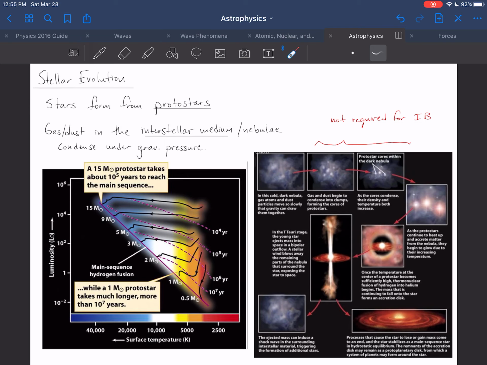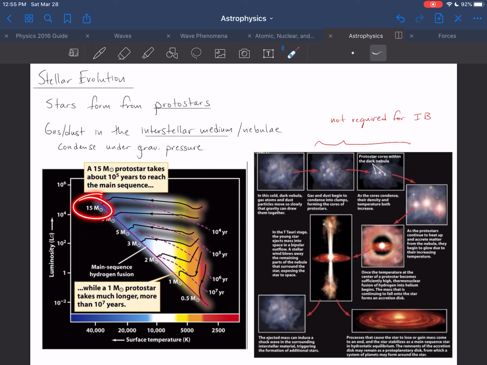Those protostars condensing from the clouds of gas and dust reach the main sequence in an amount of time that is related to the eventual mass of the star. Lower mass stars take longer to condense. The more mass you have, the more gravitational pressure, and therefore the quicker.